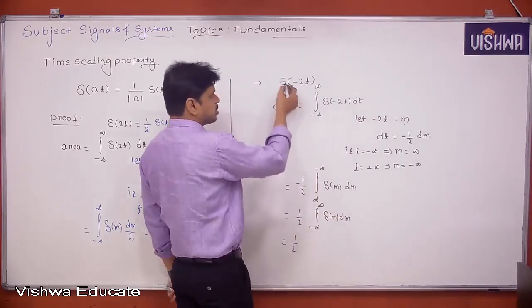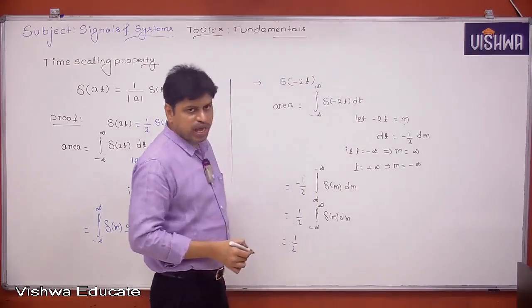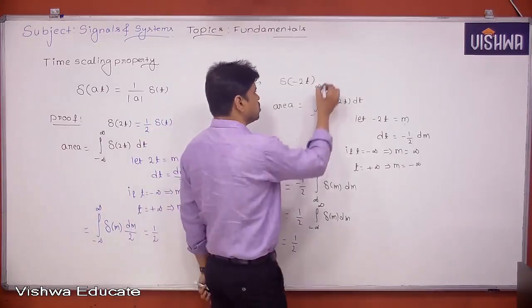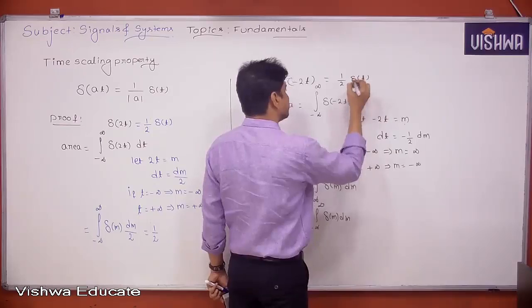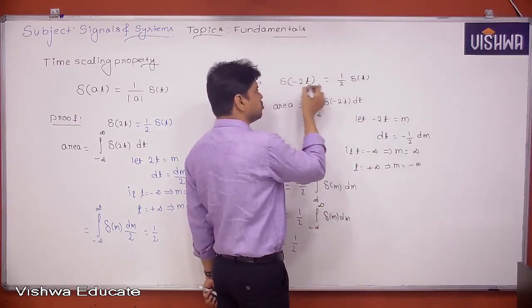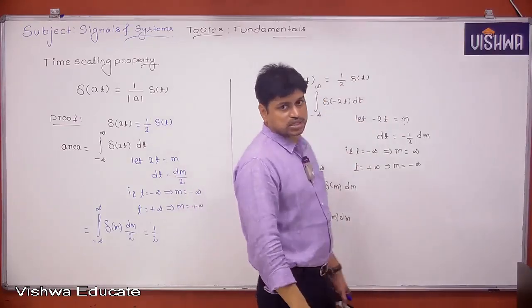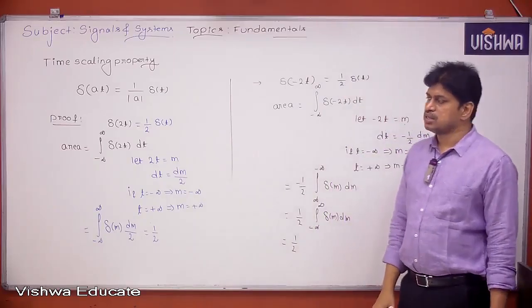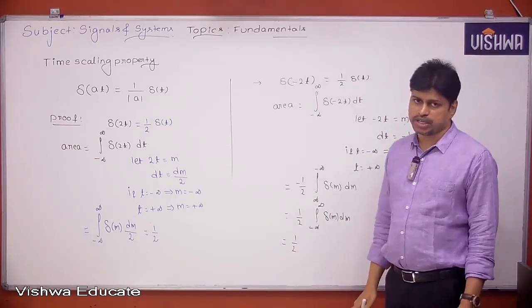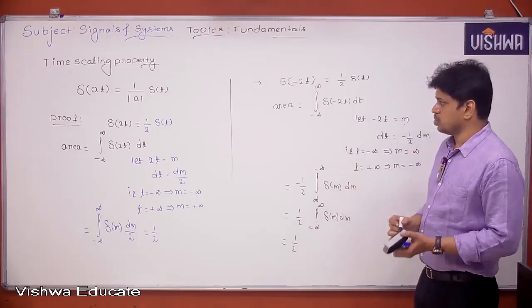So delta minus 2t also has area equal to 1 by 2, so this can also be written as 1 by 2 delta t. That's why I can simply say this is the modulus of minus 2, which is nothing but 2. So whether it is plus or minus doesn't matter, we always consider 1 by mod a. Okay, just make a note.